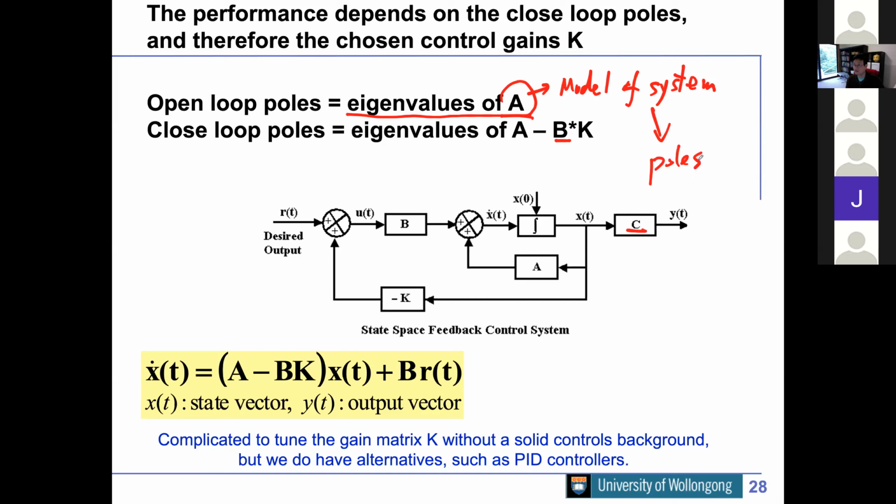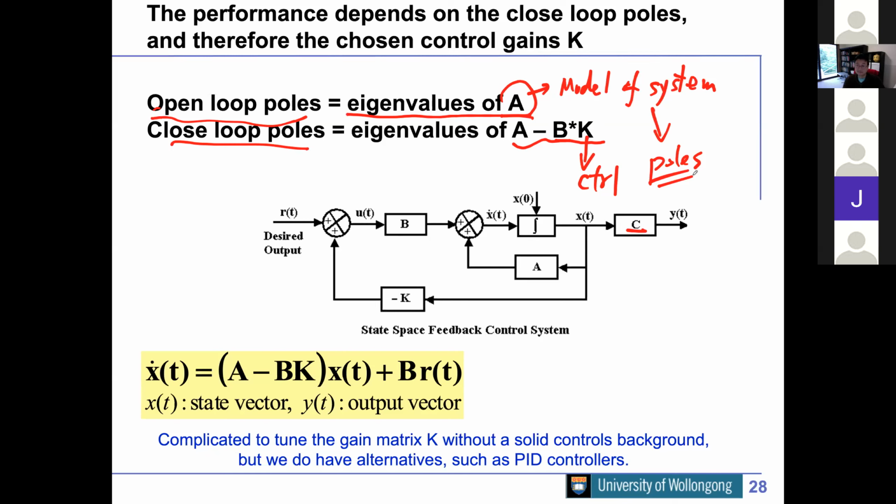That's without a controller. Then if you have a controller, you can change its performance by changing this K. That's your controller, to make the system perform as you like by moving the poles to a new location. So that's about the modern control theory.